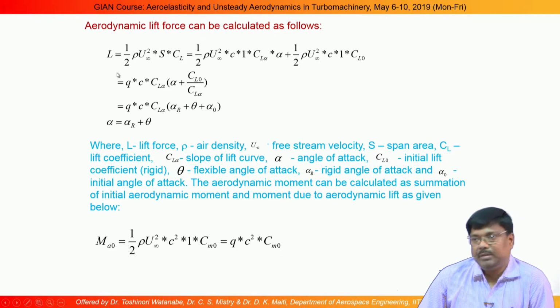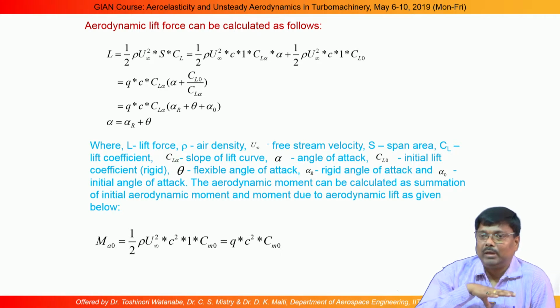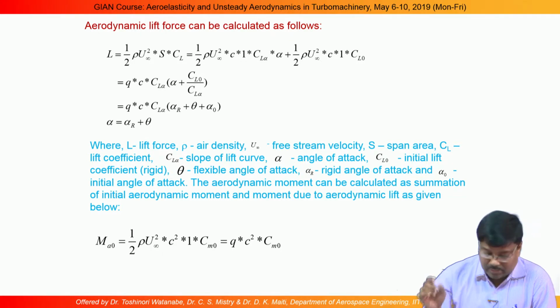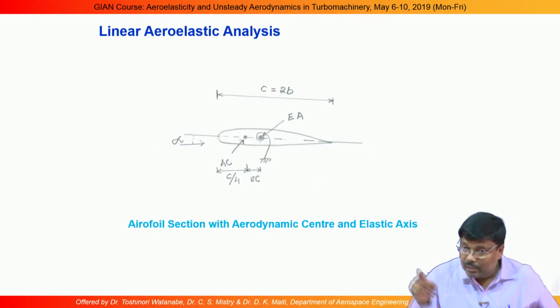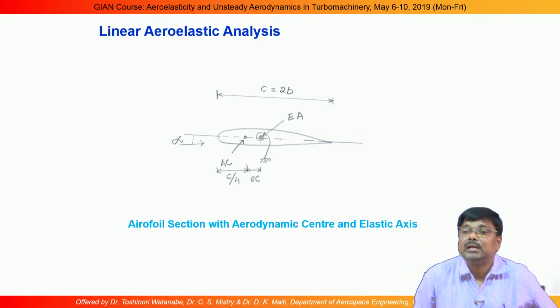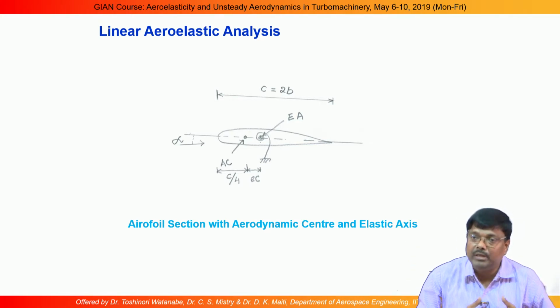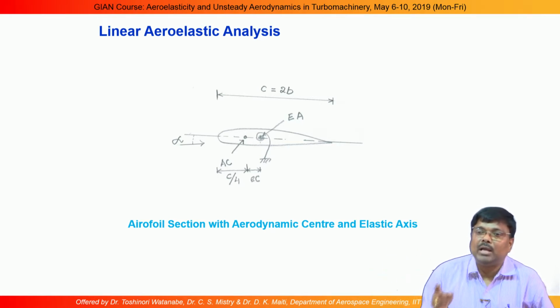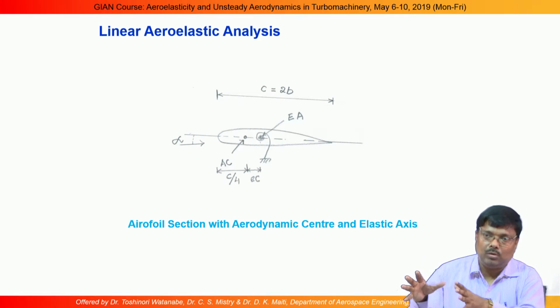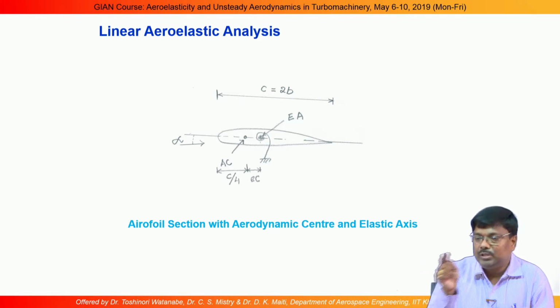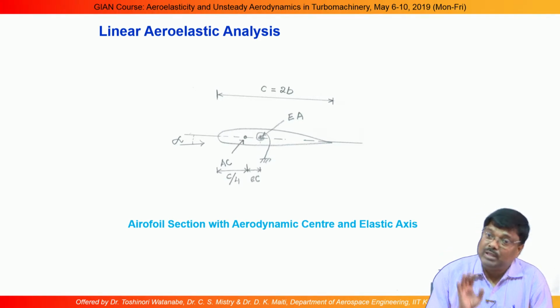This is the lumped lift force, but actually our aircraft wing will not be considered like this. Whatever small aerofoil I have considered, I am considering that the wing span is infinitely long, and that is why I am idealizing the whole wing as a simple aerofoil section with a spring constant. This is the simplest model.